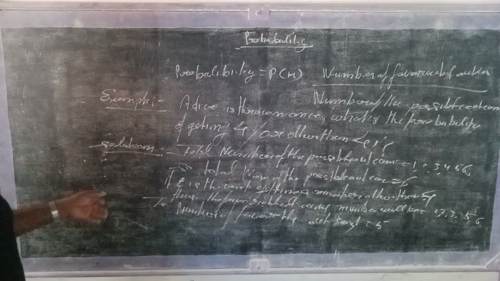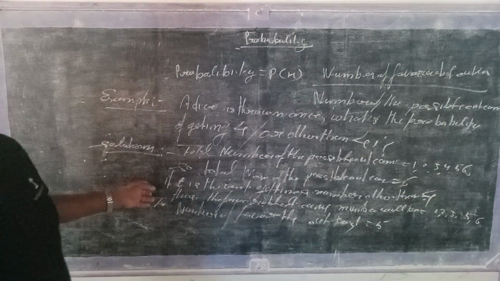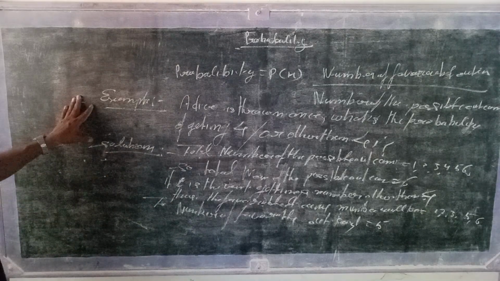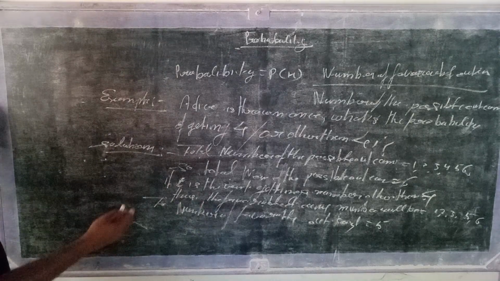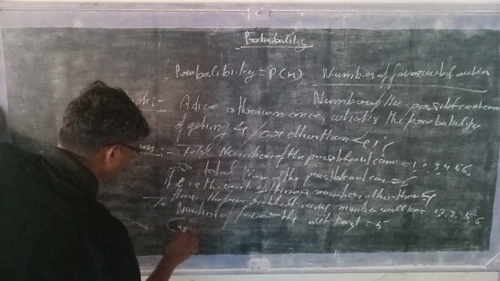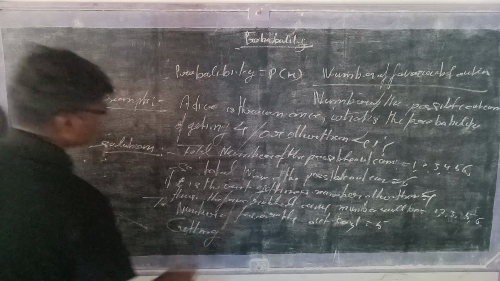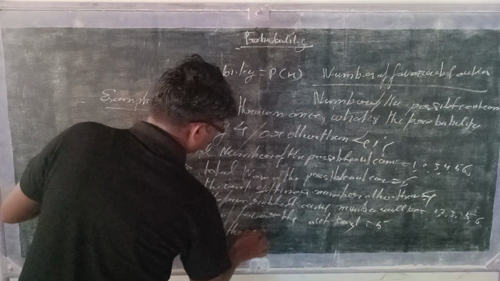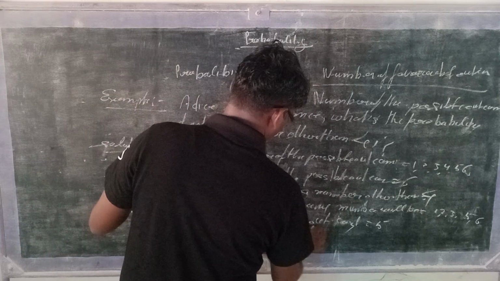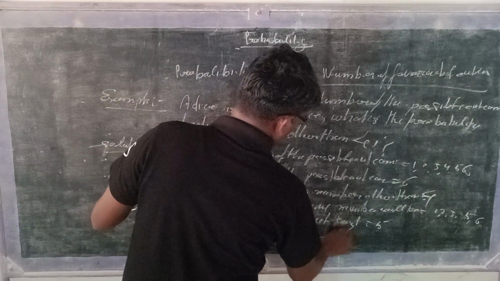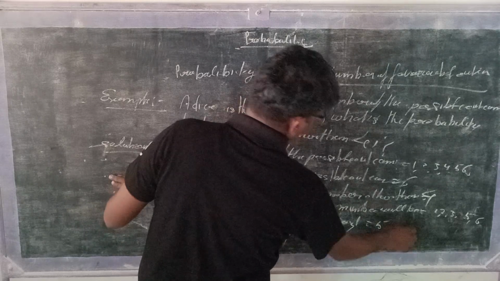Then we will write the probability formula here: the probability of getting a number other than 4 is equal to 1.